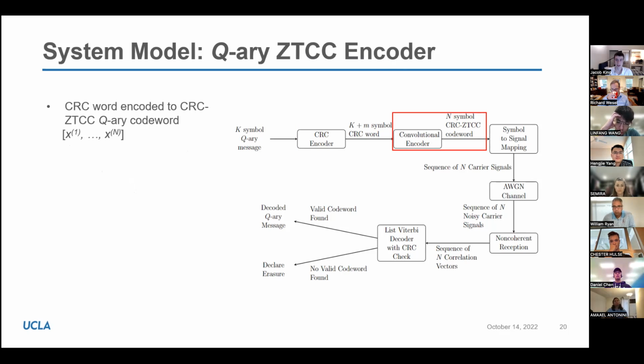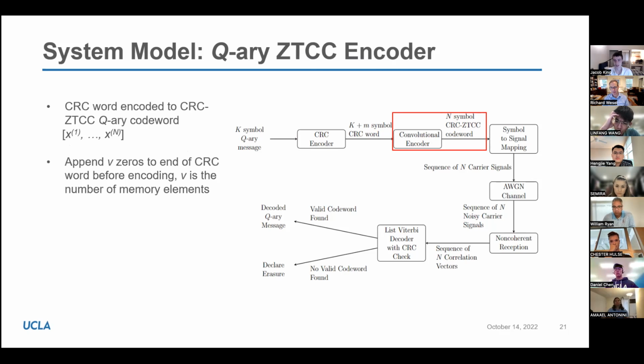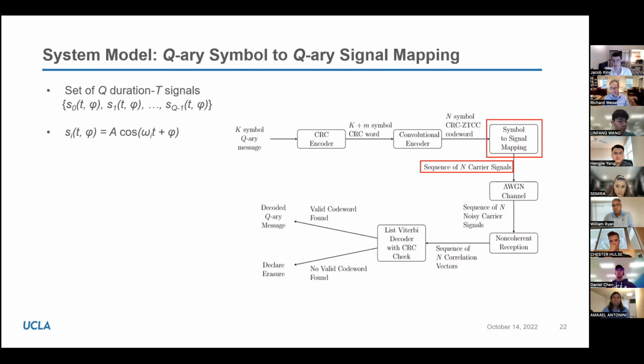We then pass our CRC word through a Q-ary convolutional encoder to generate an N-symbol Q-ary CRC-ZTCC code word. We use a zero-terminated convolutional encoder, which means that we append nu zeros to the end of our CRC word before encoding. Here, nu is the number of memory elements of the convolutional encoder. The result is an N-symbol CRC-ZTCC code word. We then map our code word symbols to a signal for transmission over the channel.